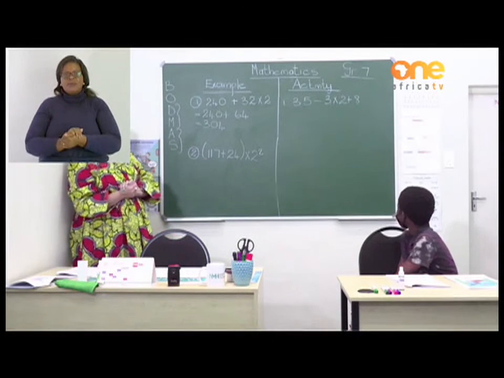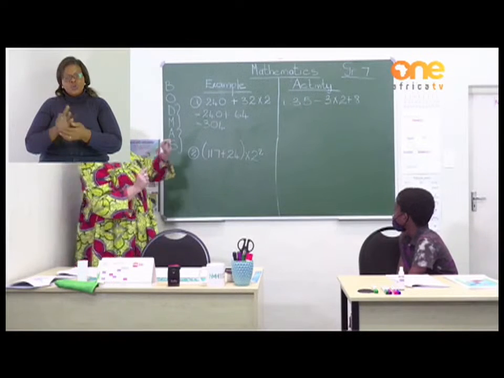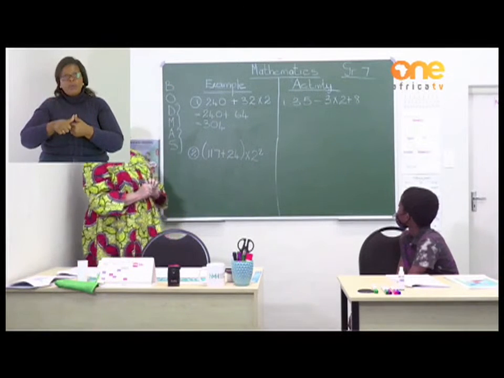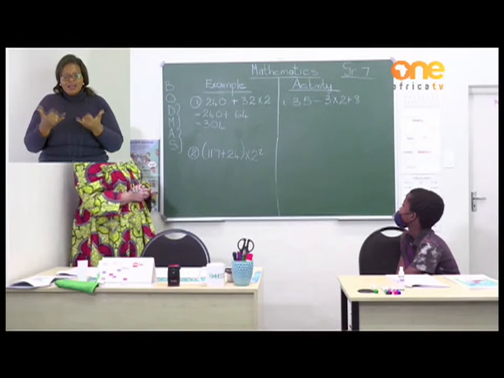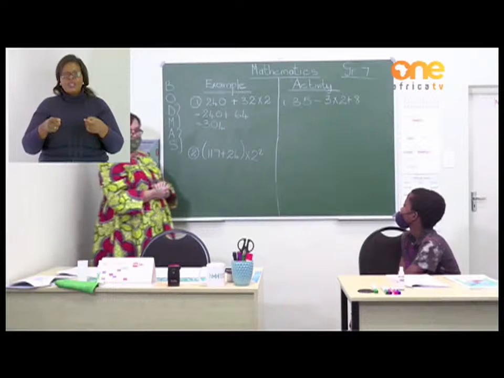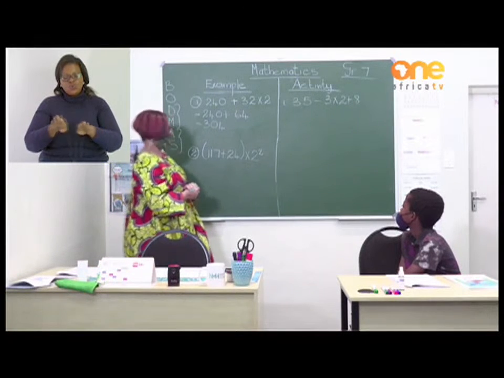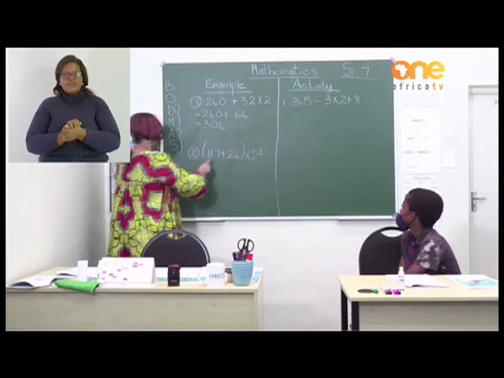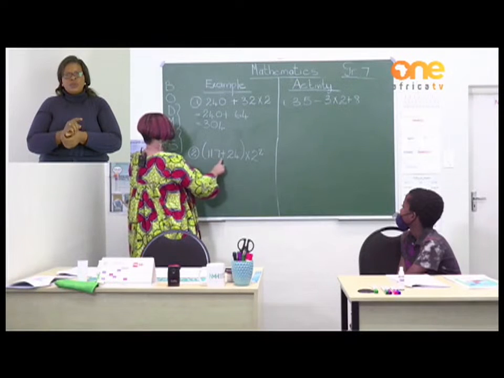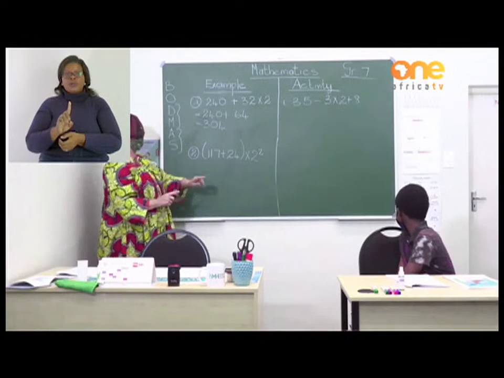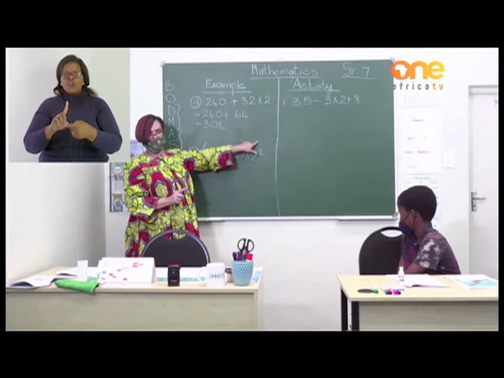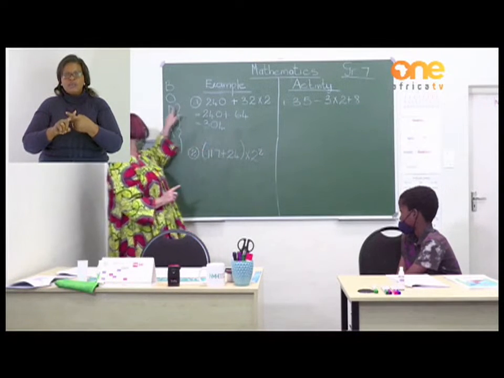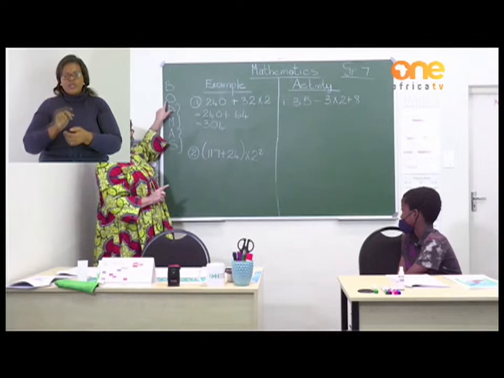Do you know what we are going to do first? Of course, brackets. In this sum, we have brackets, so we will do our brackets first. 117 plus 24, times 2 squared, né? 2 squared, which is order.